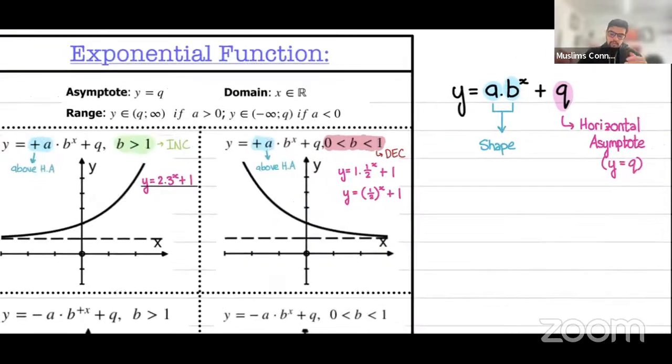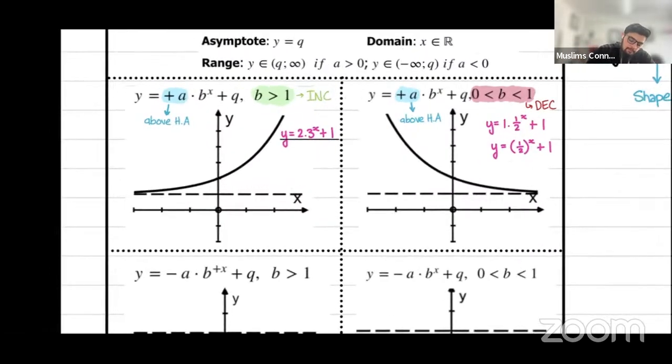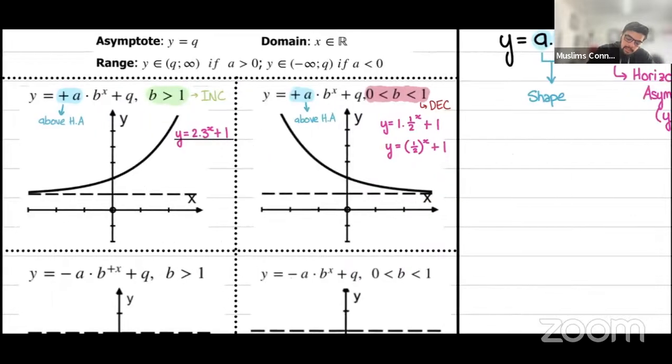So that's how it's affected. A tells us whether it's above the horizontal asymptote, and we'll do the examples with negative a where it's below. And b tells us whether the function is increasing or decreasing. While being above, if b is greater than 1, it's increasing. And while being above, if b is between 0 and 1, it's decreasing.